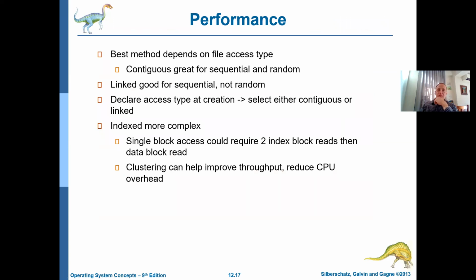So what's performance? The best method depends on the file access type. Contiguous is great for sequential and random access. Linked is good for sequential, but it's not good for random. In other words, if I want to jump to the middle of my files all the time, then the linked list is not good. Index is more complex.